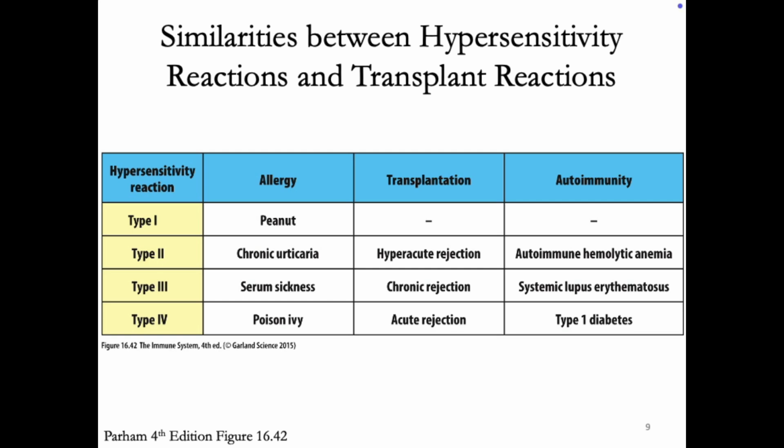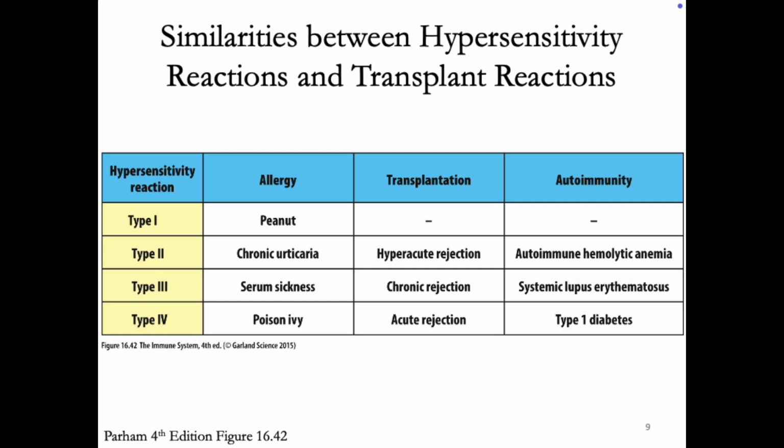In transplantation, we tend to classify these 3 responses in terms of how long they take. So how long after the recipient has received their transplant does it take for that rejection to happen? And so that's the order that I'm going to tell you about them in.